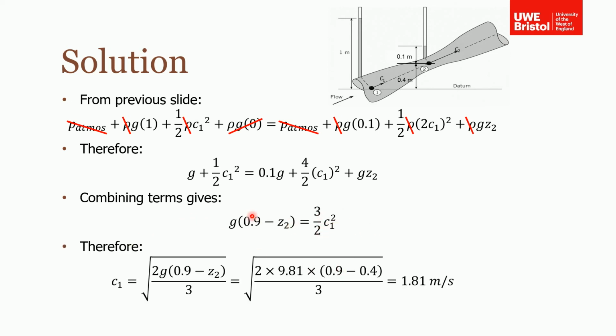So we can now rearrange this in terms of C1 and put in the values that we know. We know that Z2 is 0.4, and we end up with a value of 1.81 meters per second. Now that's not quite the final solution, because we were asked to find the velocity at the throat, not the velocity of the inlet. But we know that the velocity at the throat is twice the velocity of the inlet. Therefore, if we double that, we end up with an answer of 3.62 meters per second.